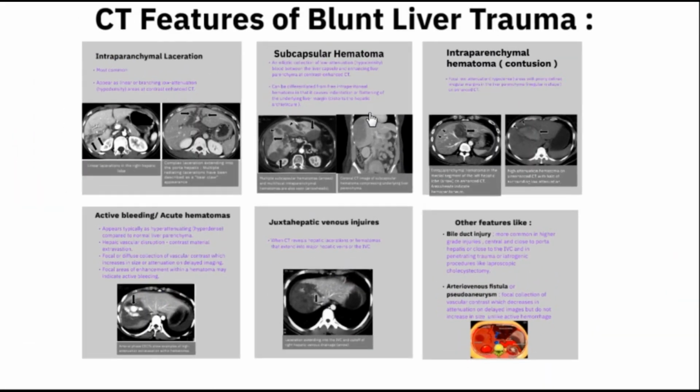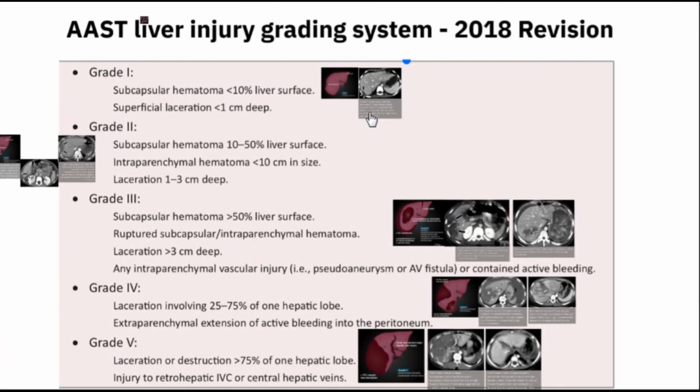So what do you think is more common, venous or arterial injuries in the liver? Venous. Why? Because the major blood supply is provided by the venous side. Okay, and the hepatic artery? So what's the difference?